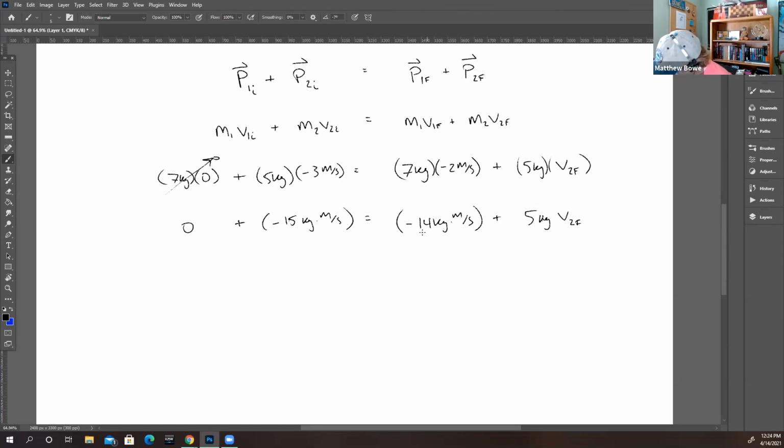Okay, so adding this over, we get minus 1. So it wasn't as direct as you might have thought in the beginning. So minus 1/5 meters per second.